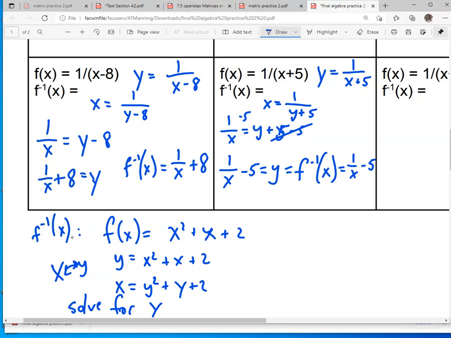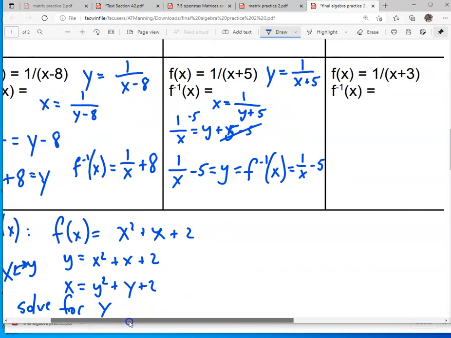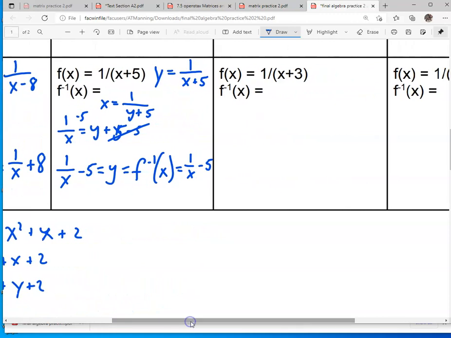Just a little memory review. And one more, again for more practice, recognizing the forms more quickly as we practice for the third time. y equals 1 over x plus 3. Swap x and y.